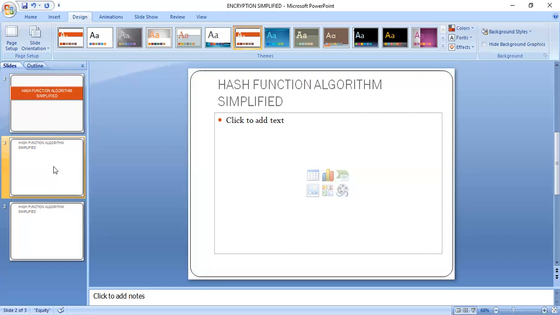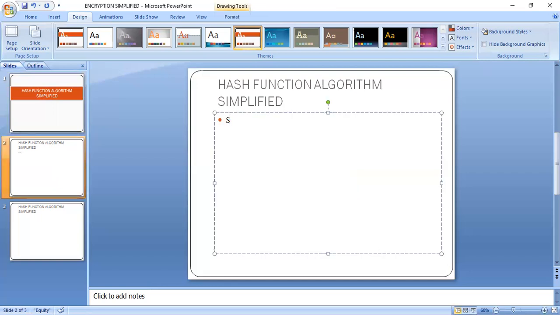So that is why the hash function algorithm was developed, and there are so many algorithms out there. For example, SHA 1, secure hash algorithm 1, secure hash algorithm 2, and so on. Message digest. There are many types of the hash function algorithm out there, and the idea is this.